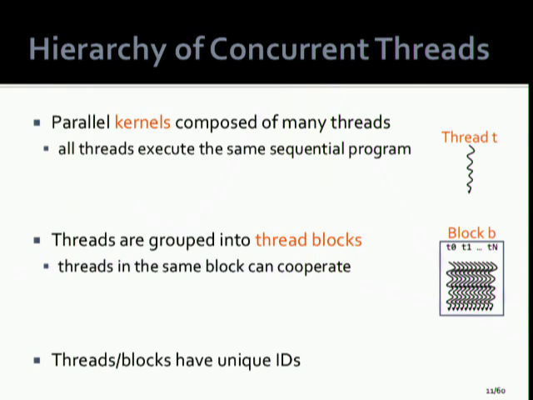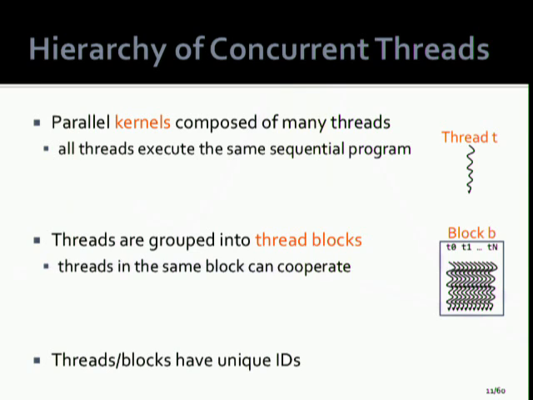Threads are grouped into thread blocks. Now, the concept of a thread block is sort of like a team. It's a group of threads that are going to be scheduled onto the same core, and they're going to be able to synchronize with each other and share data with each other.